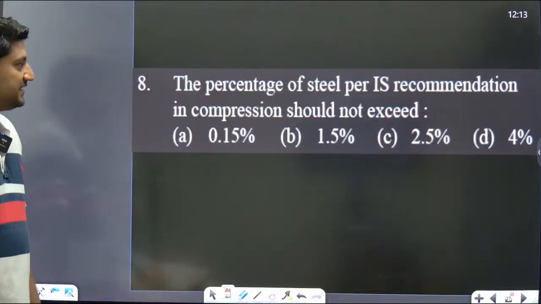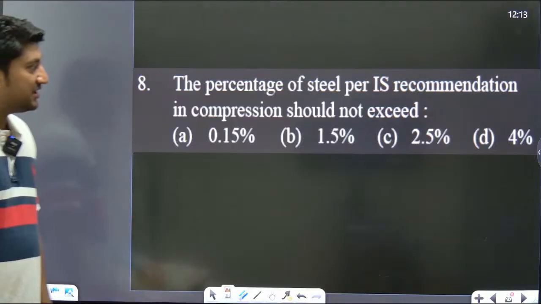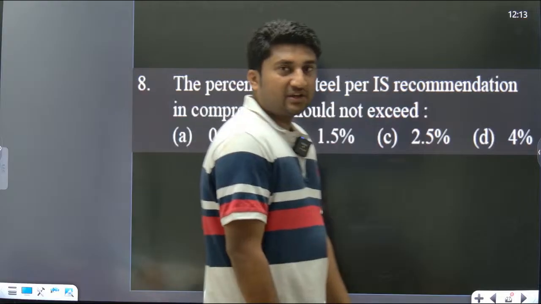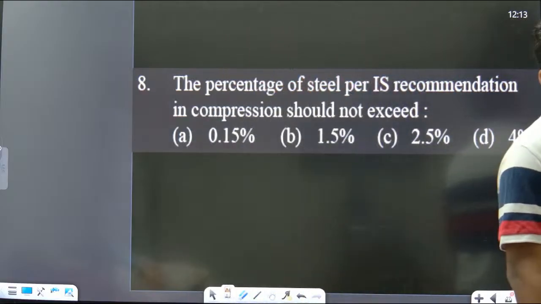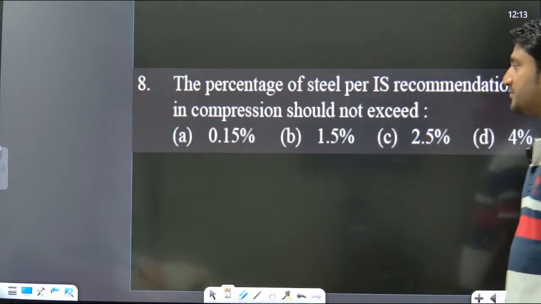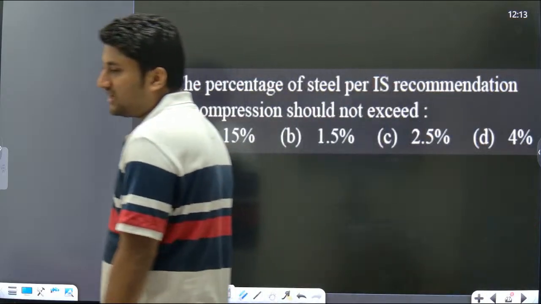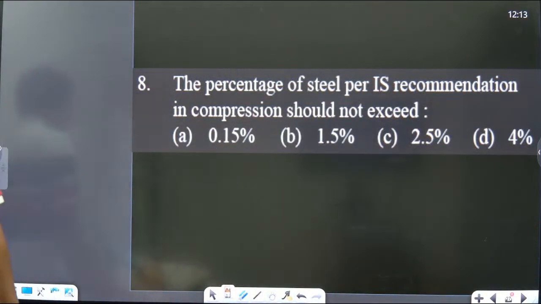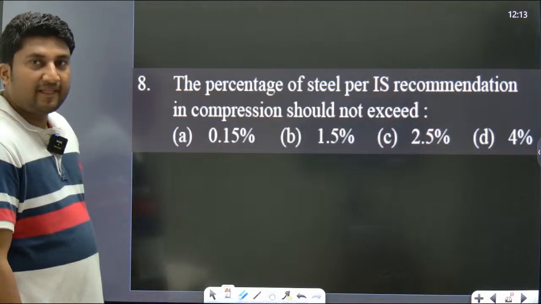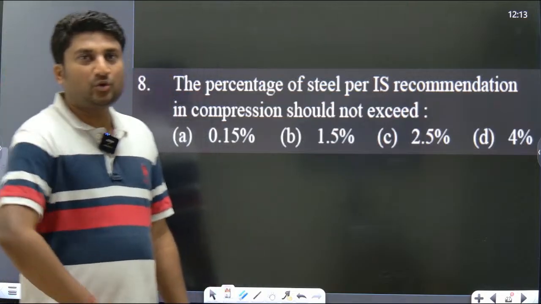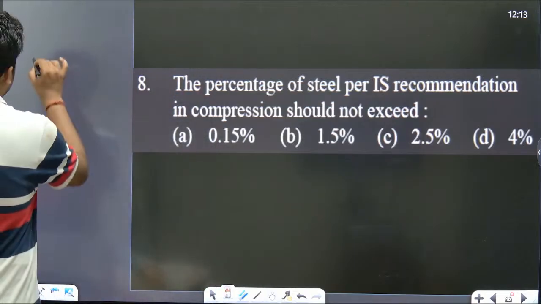The percentage of steel as per IS recommendation in compression should not exceed what? Now it is a question of a beam: the compression reinforcement should not be more than how much percent of the total cross section area?